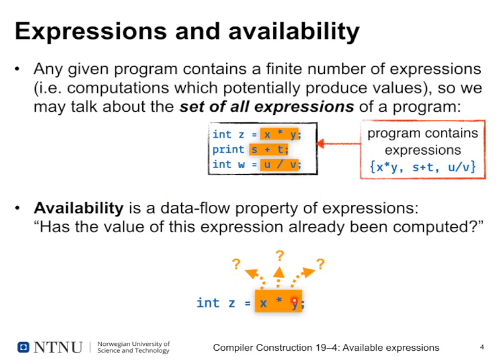We have the given expression x times y, so we need to figure out, are there any other places in our program where x times y has already been calculated? And if this is the case, we need to make sure that x and y still have retained their previous values, no matter how we got from this previous place to our current program point. And if we have this intermediate result, well, we can reuse it, obviously.